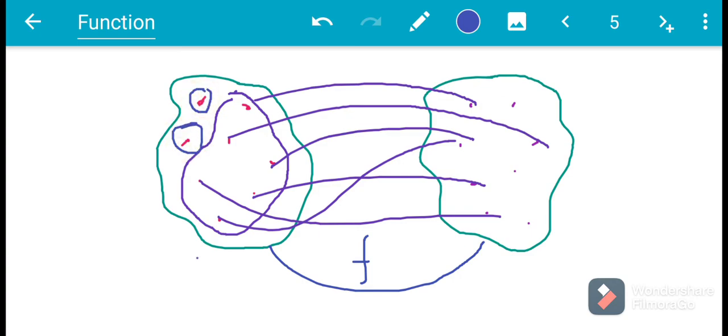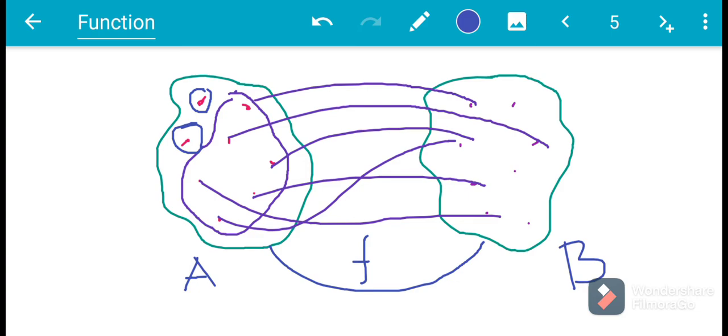Then this f is not a function. Now for the function f, these 2 must be assigned to some points in set B, better to name them a and b, some points of B.